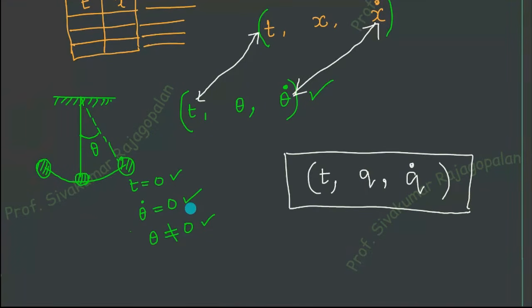If q represents the position, q dot represents the velocity. We don't use the word angular velocity. We don't use the word linear velocity. But instead we say that it is generalized velocity. When I do not know what kind of physical system I am explaining, I also do not know whether it is linear or angular, and therefore it is better to say generalized. And that is the reason why we have this kind of coordinates. And this is what is known as generalized coordinates.